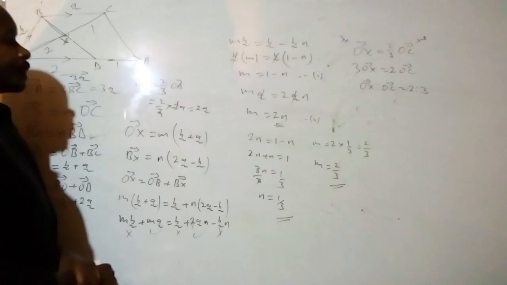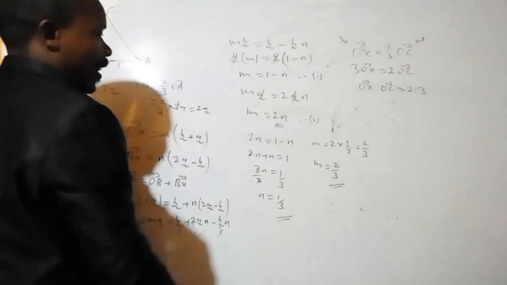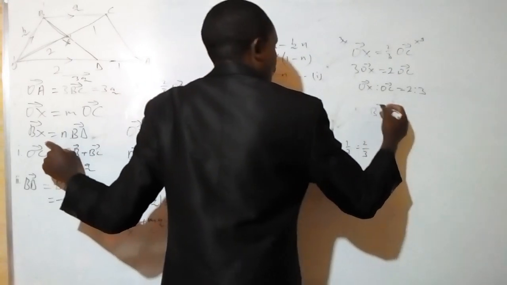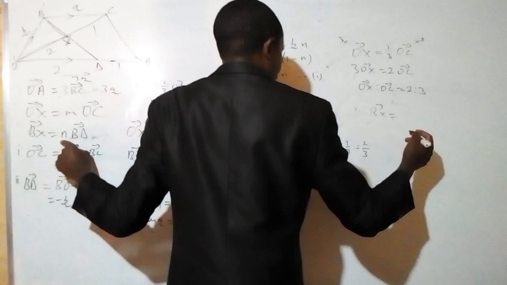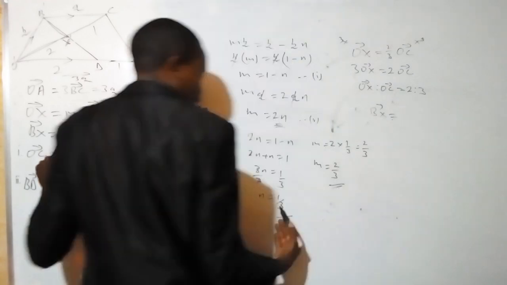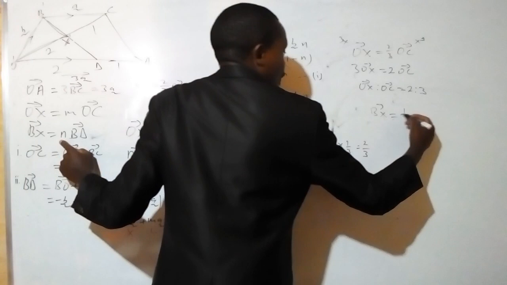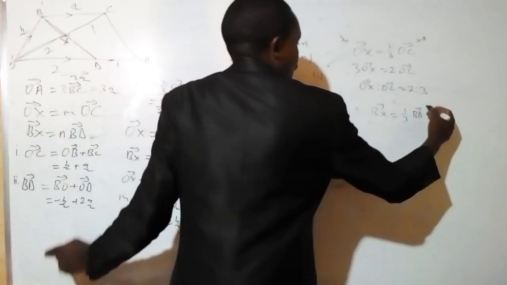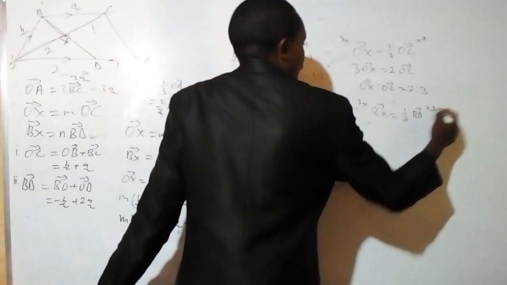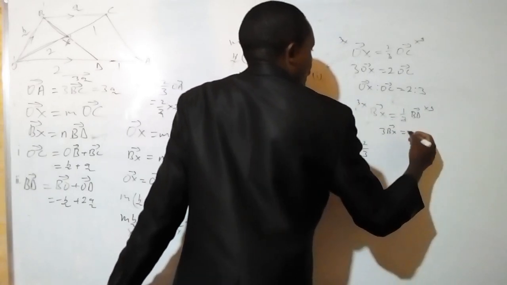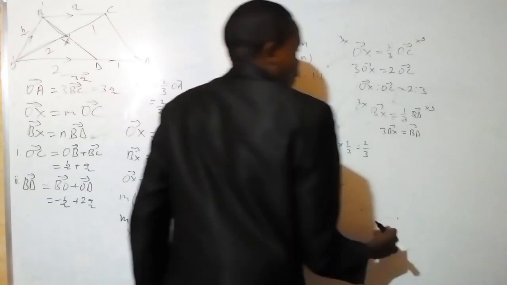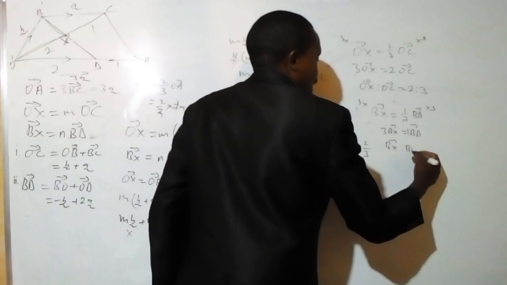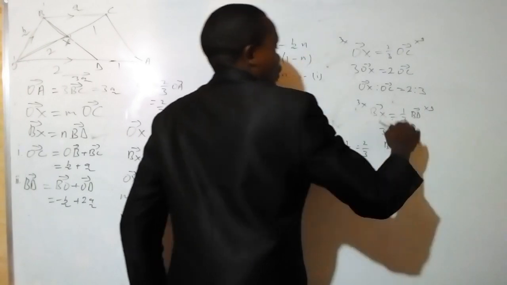Then we proceed to the other one, for N, BX. You want first of all to write them in ratio form. N is what? Our N is here, a third, BD. You can multiply by 3 on both sides. 3BX is equal to BD. In terms of ratio, BX is to BD: BX goes with the number on the other side, not 3 but 1.